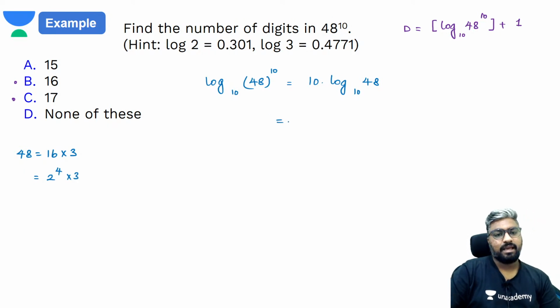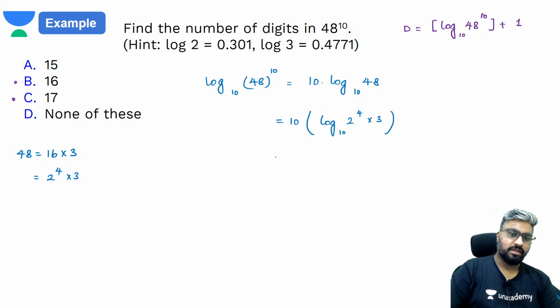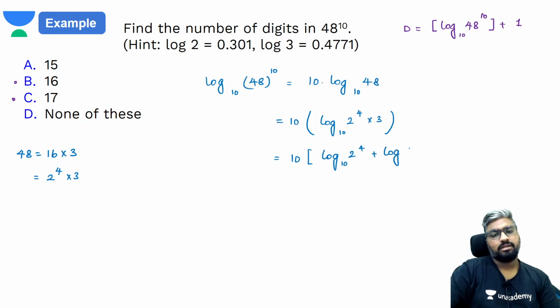So we rewrite it as 10 into log of 2 power 4 into 3 to the base 10, which we split as 10 into log 2 power 4 base 10 plus log 3 base 10, which is 10 into 4 times log 2 base 10 plus log 3 base 10.